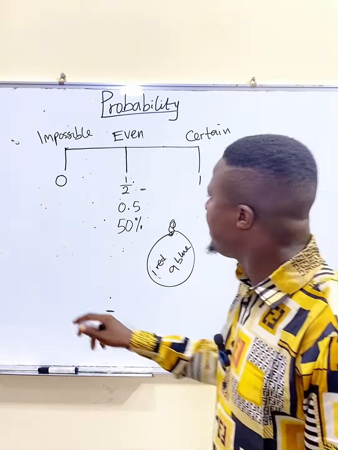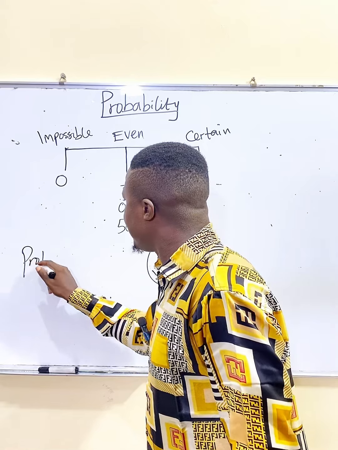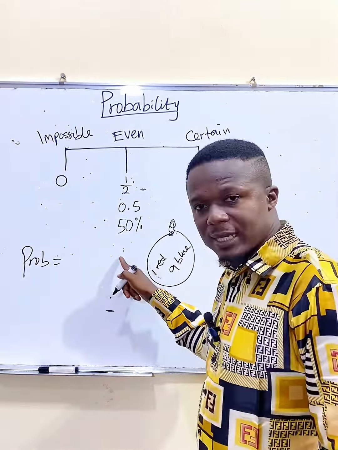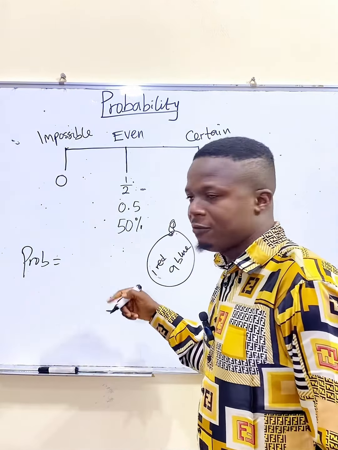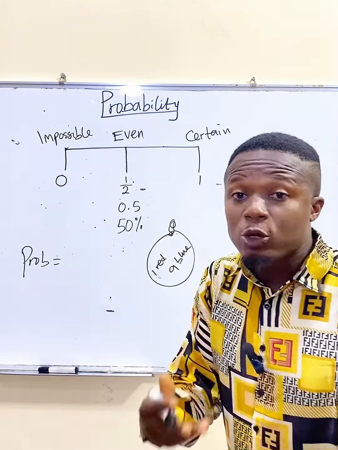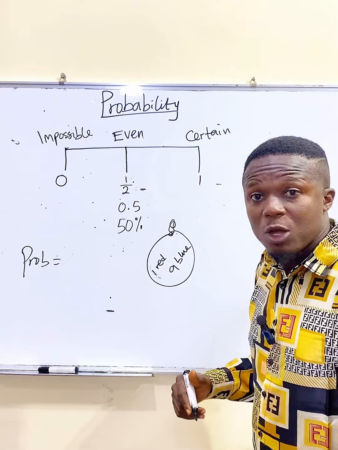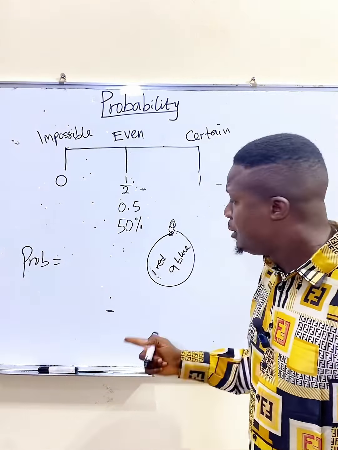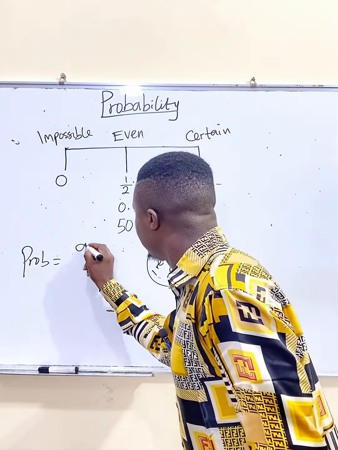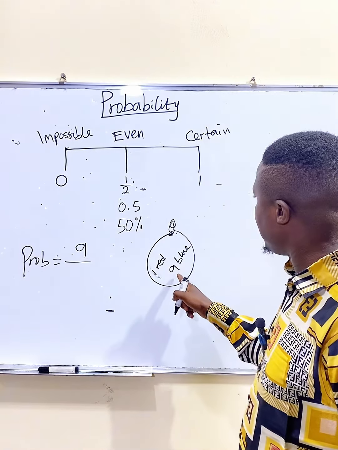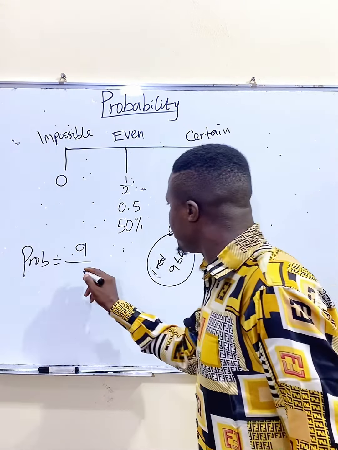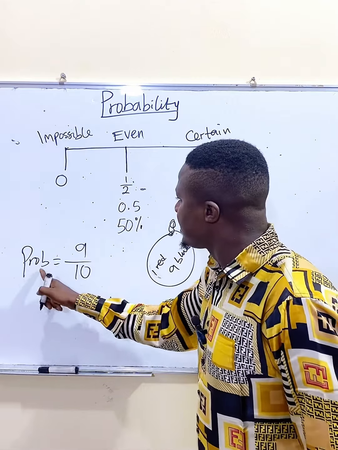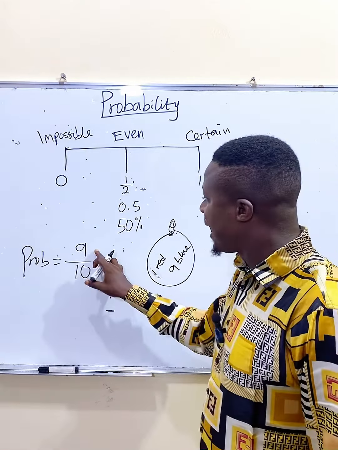Of course, probability is defined as the number of expected outcomes over the total number of outcomes. Okay, what outcome are we expecting to happen here? We want to pick a blue. And how many blues are we having here? 9. Out of the total number of pens, which will be 1 plus 9, which is what? 10. So the probability of picking a blue pen is 9 over 10.